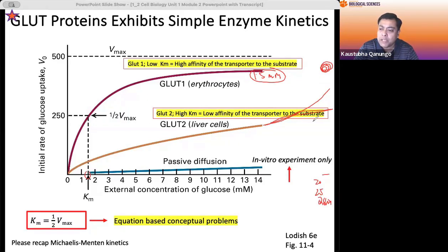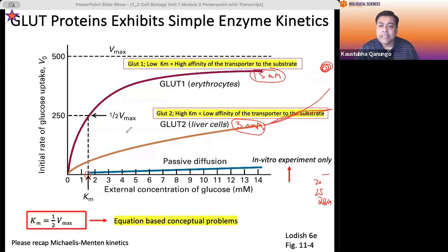So this is much more gradual. So we can just arbitrarily say that the GLUT2 in the liver cells is about 30 millimolar. I'm just saying that this is a random number if we had the entire curve, 30 millimolar, which is very high.